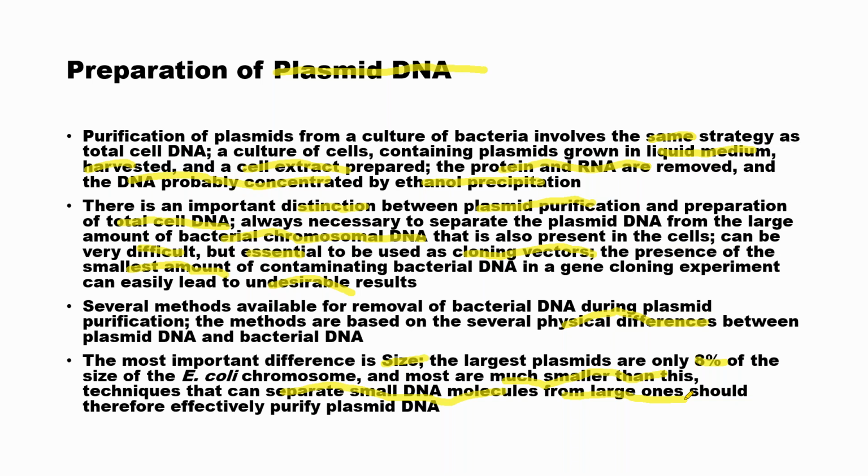Clear? That is the logic behind this. If from total bacterial cell DNA we isolate and purify small DNA molecules, definitely we are isolating and purifying plasmid DNA molecules. Fine. We are moving on to the next slide.